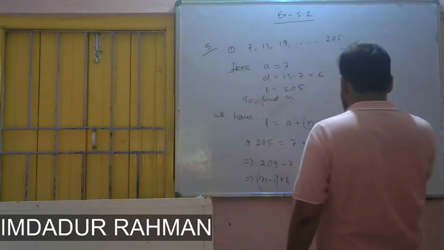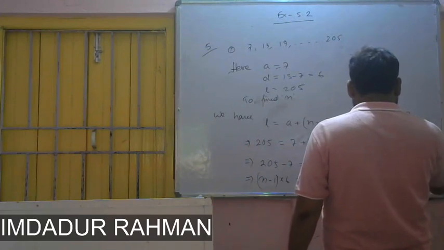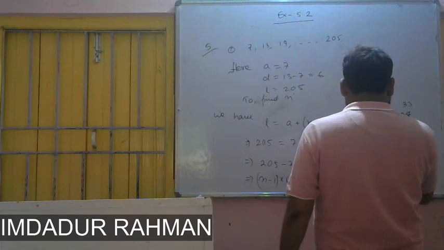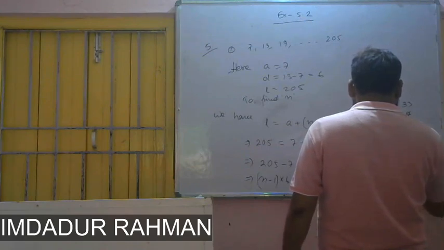This implies N minus 1 is equal to 198 by 6. N minus 1 is equal to 33, so N is equal to 33 plus 1, which implies N is equal to 34.